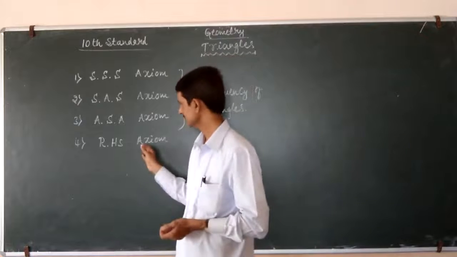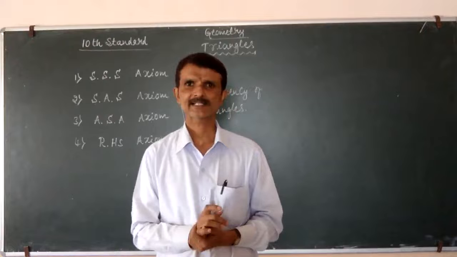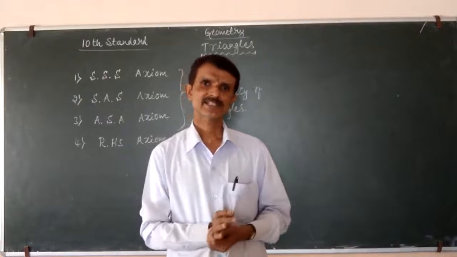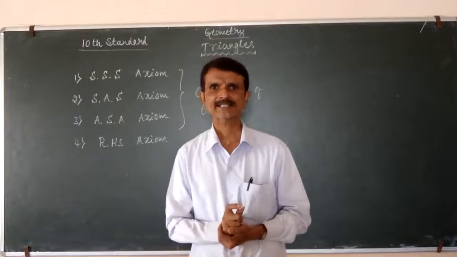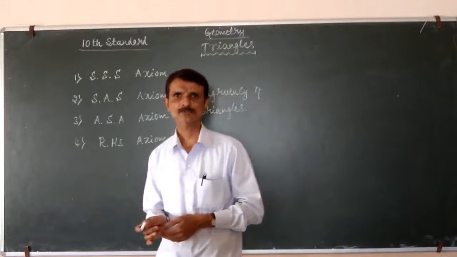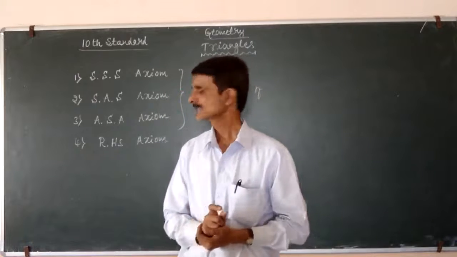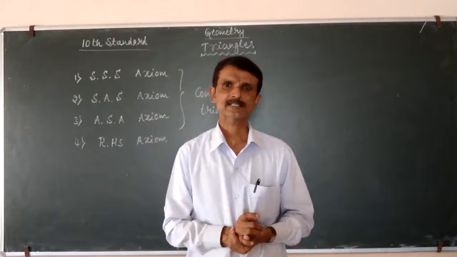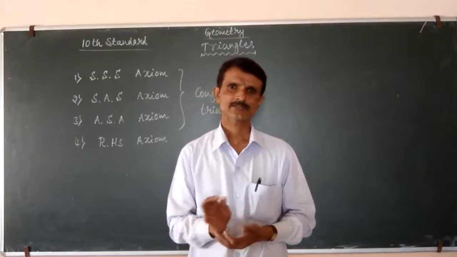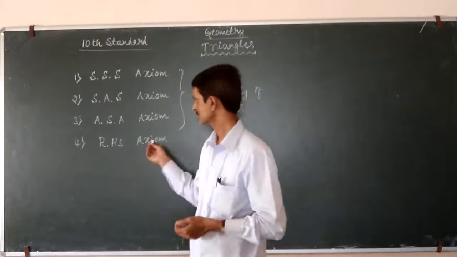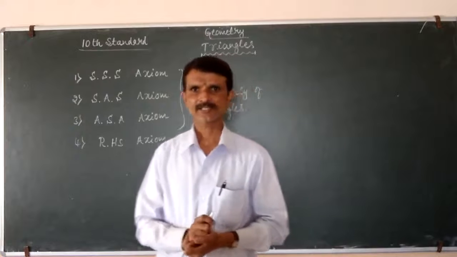According to that axiom, in a right angle triangle, if the hypotenuse and a side of one right angle triangle are equal to the hypotenuse and a side of another right angle triangle, then those two right angle triangles are congruent.